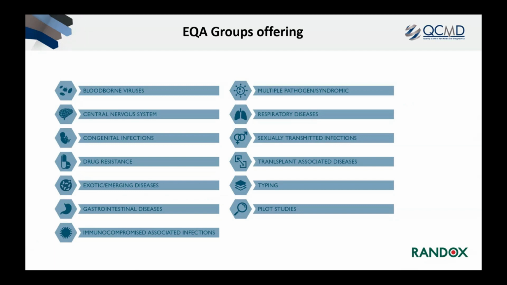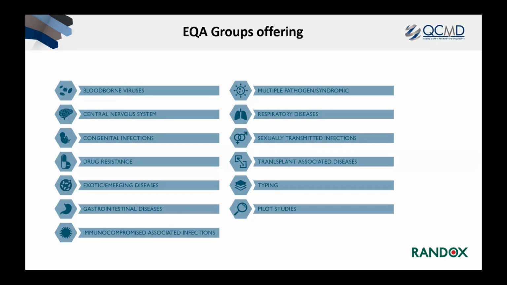Okay, so regardless of what type of molecular testing a lab is offering, be that from the very basic, what they may think they're doing, to the more complex labs, regardless of the setup, QCMD is a one-stop shop essentially for everything. If you look at the bloodborne virus programs, things like HIV, HBV and HCV, the central nervous system programs, things like meningitis and encephalitis, congenital infections passed from the mother to baby.